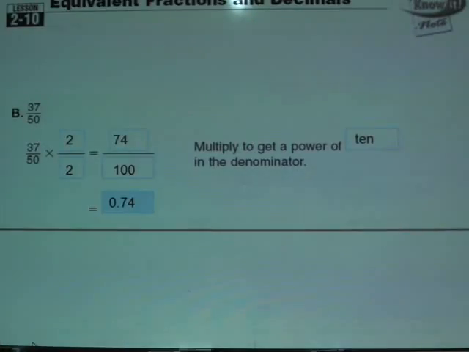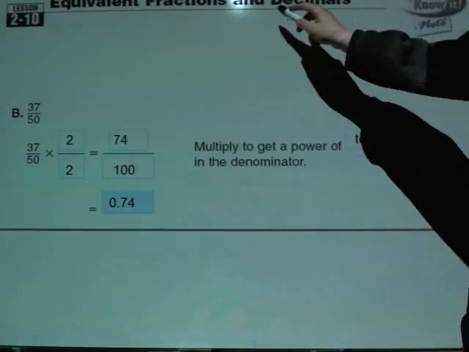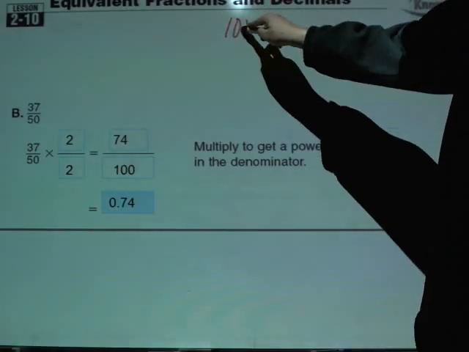Here's 37/50. Okay? So, no 50ths place, but if I double this guy, multiply the top and the bottom, the numerator and denominator by 2, I end up with 74/100. Okay.